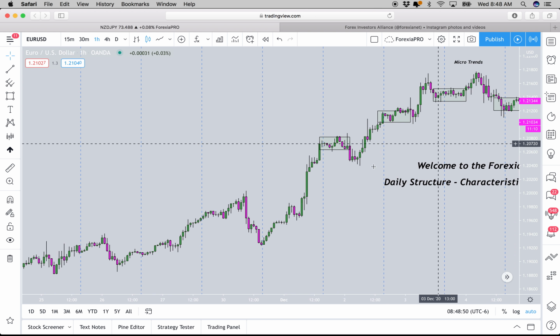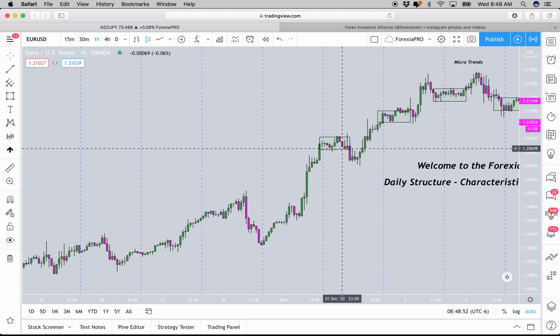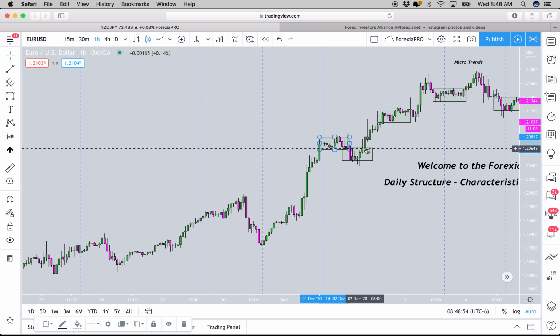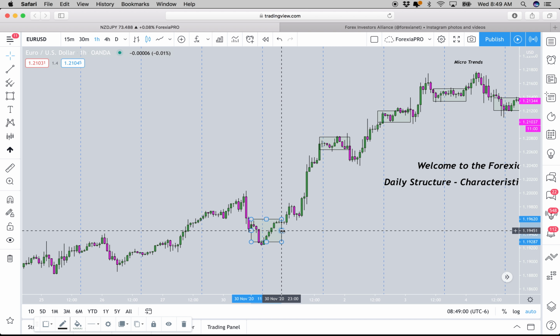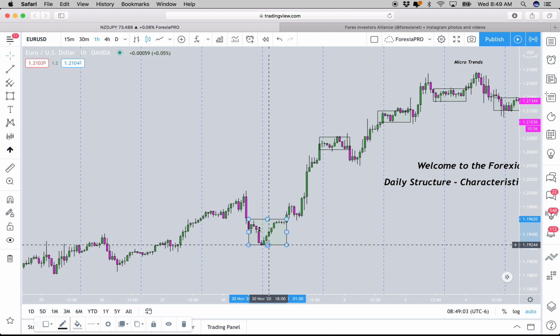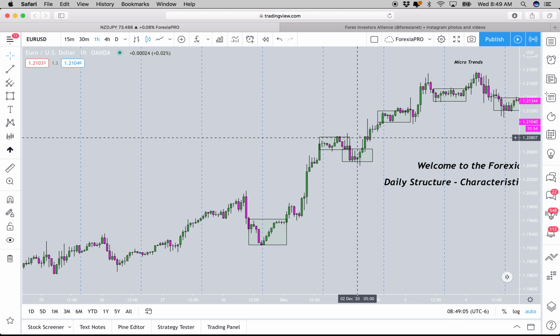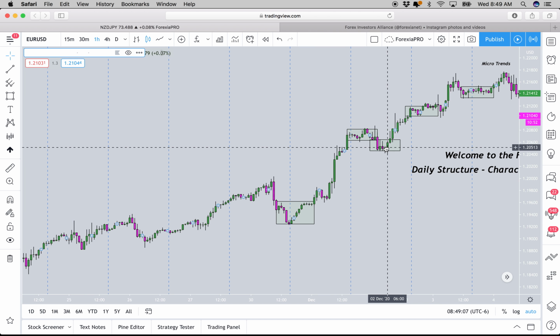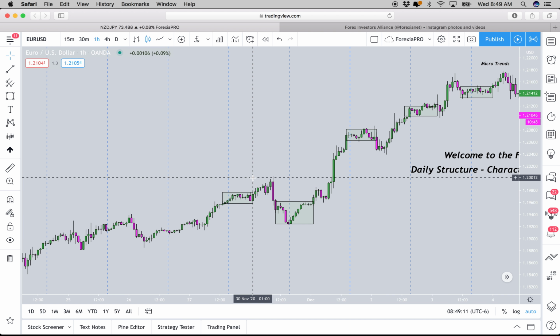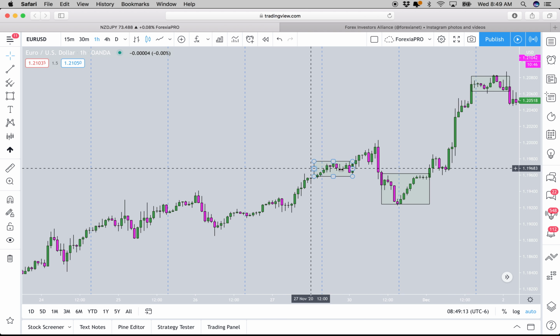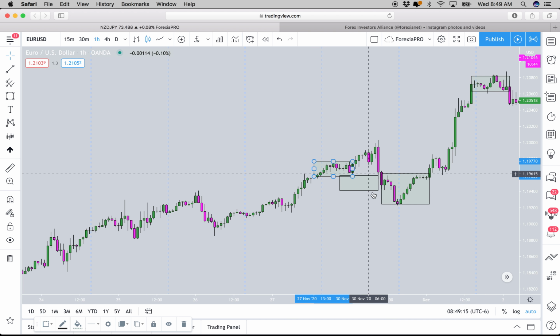Isn't that crazy? It's almost like there's a specific time for the market to start consolidating, to start ranging. Interesting, right?